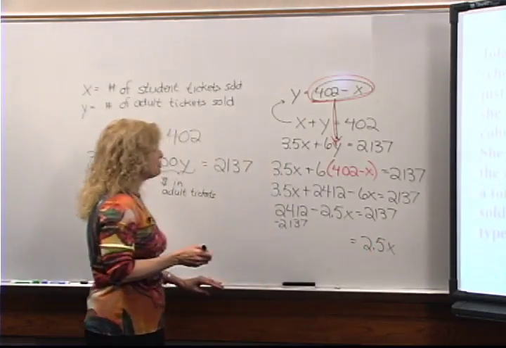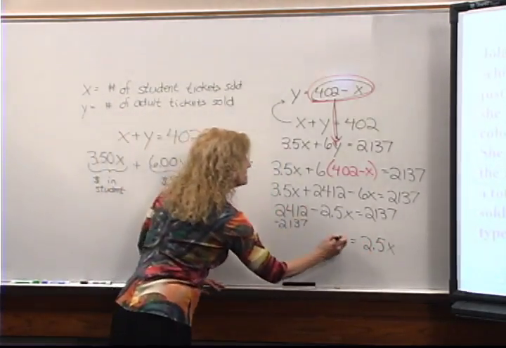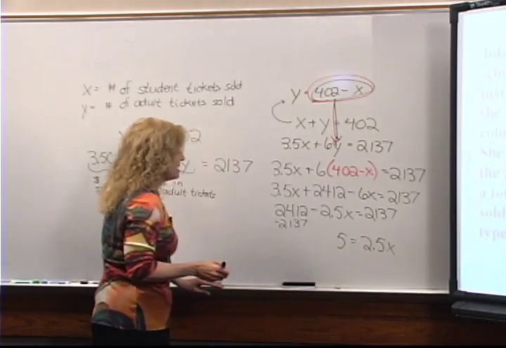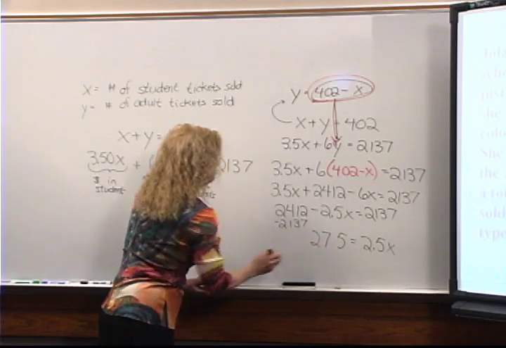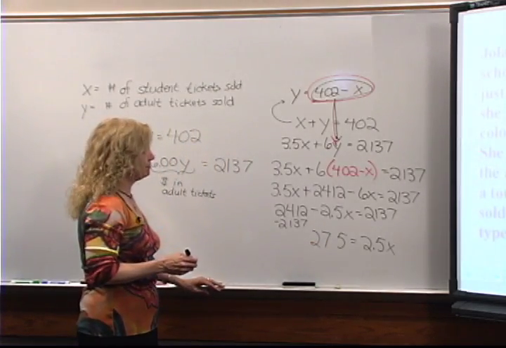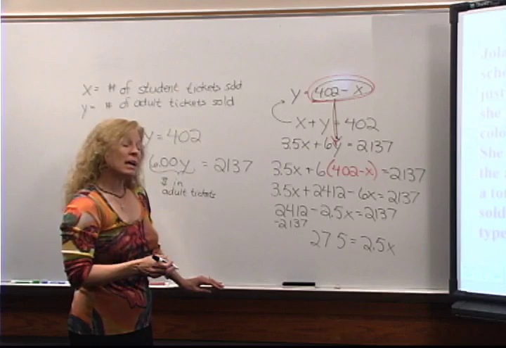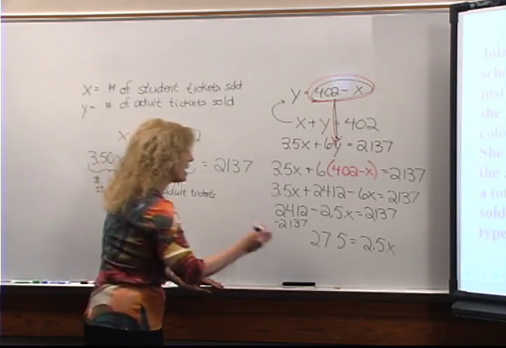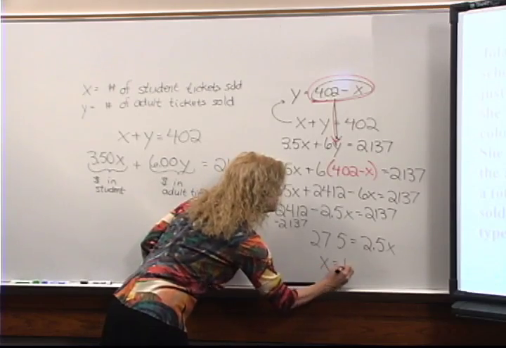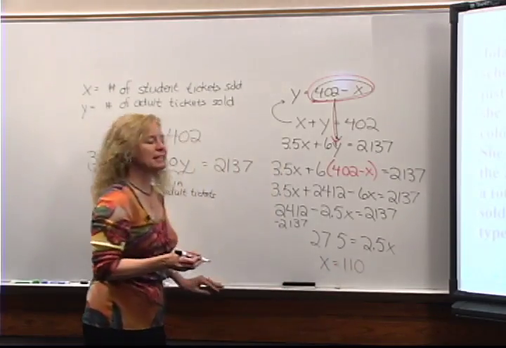Let's see here if I can subtract properly. 12 minus 7 is... 275, I think it's 275. Okay, which means then that if I divide by the 2.5, I believe that's going to be 110.